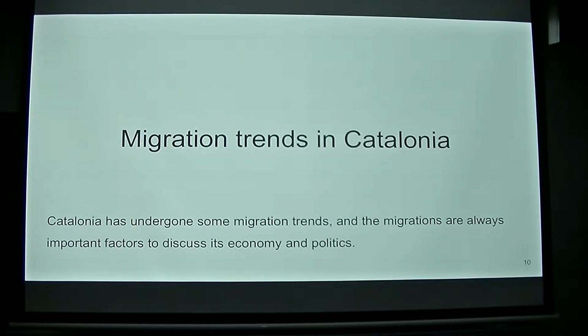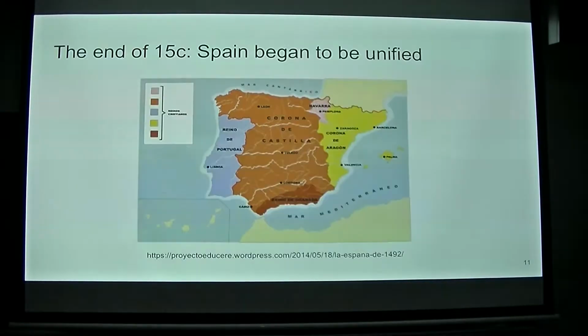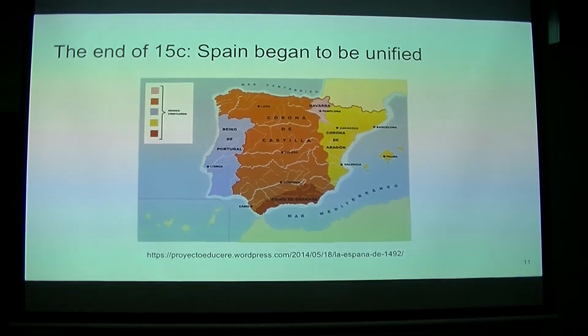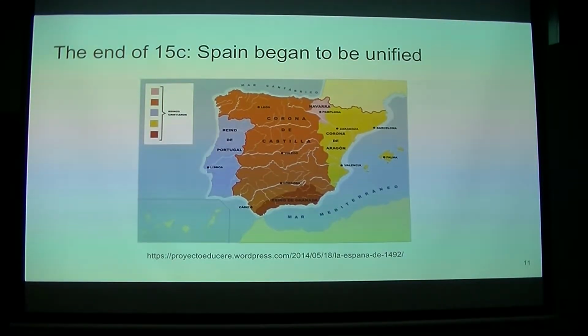So first, Catalonia has a very long history, but I'll start from the period when Spain began to be unified. That time corresponds to the period of Columbus. Spain is centralized in Madrid and unified together.